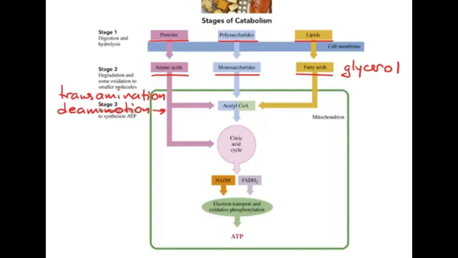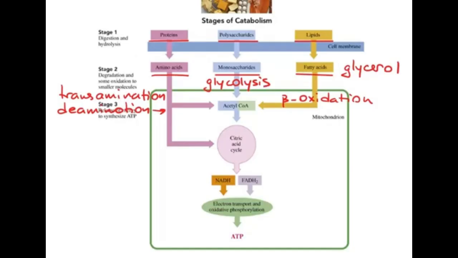Fatty acids and glycerol, okay, in the process of beta-oxidation, are also converted to acetyl-CoA, and monosaccharides in the process of glycolysis are broken down to smaller chunks.